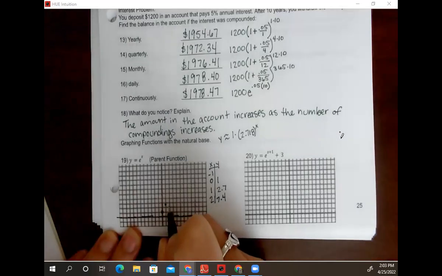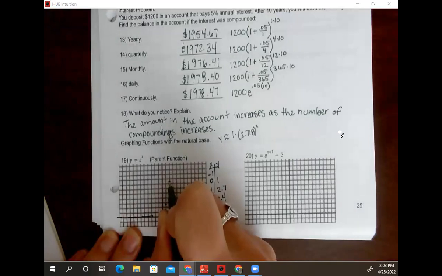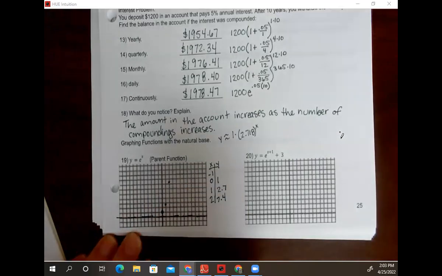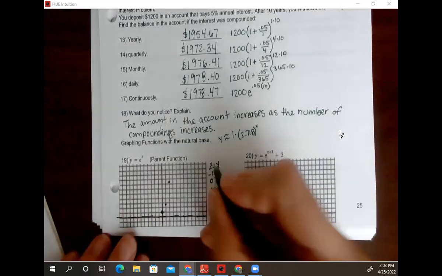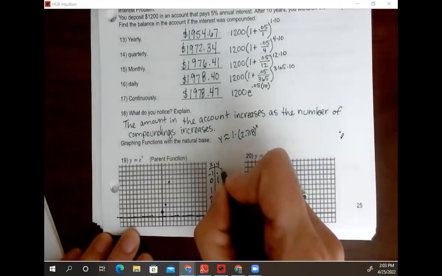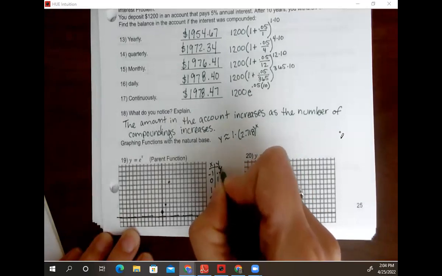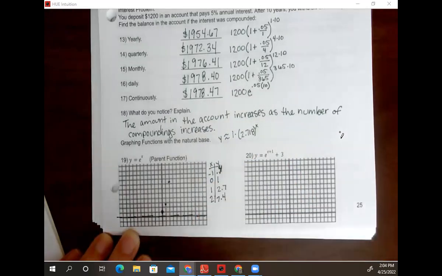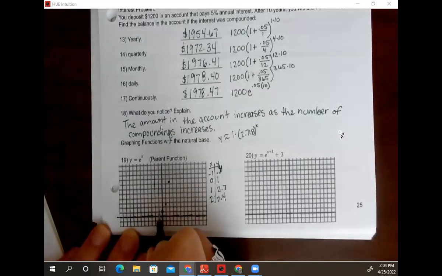So 1, 2, 3, 4, 5, 6, 7.4 is about there. If I went backwards the other way, I would have e to the negative first power. And that would be about 0.368. So we'll say about 0.4. So back this way, we're at about 0.4.